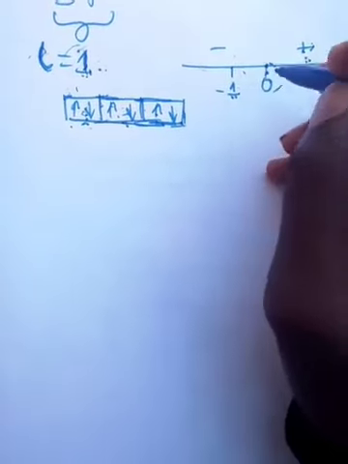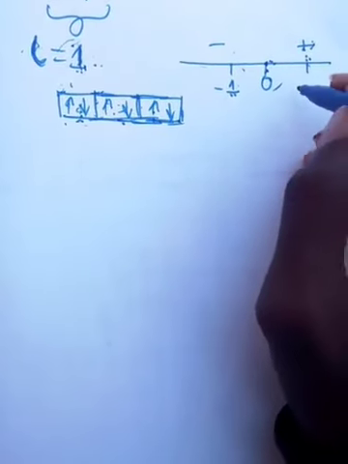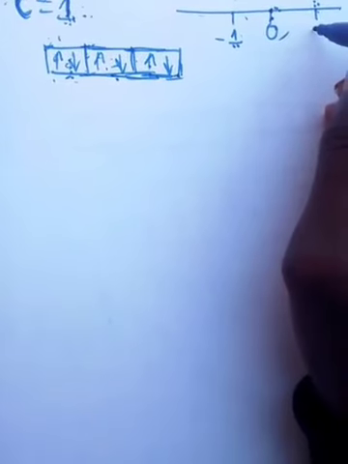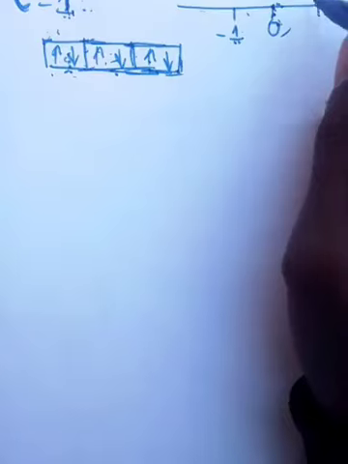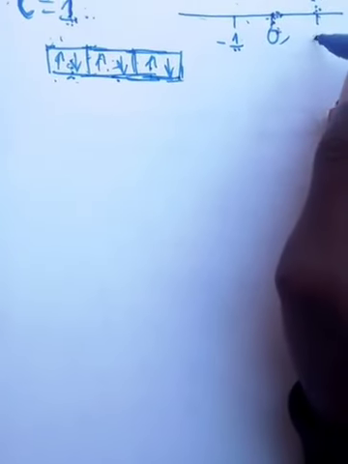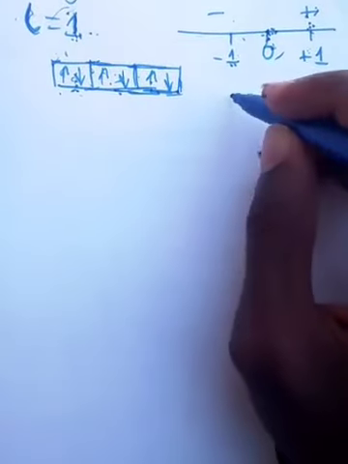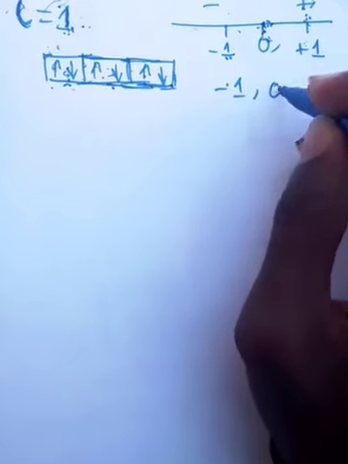Now also go to the positive side. When you go to the positive side, ask yourself, what comes after 0? That number should not be a decimal; it should be a whole number. You're going to say +1. So you have -1, 0, +1.